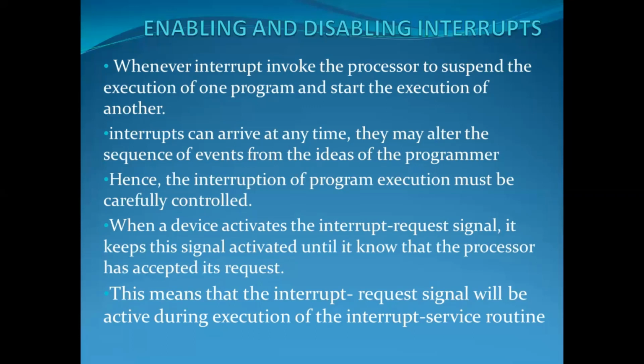The first possibility is to have the processor hardware ignore the interrupt request line until the execution of the first instruction of the interrupt service routine has been completed. Then, by using an interrupt disable instruction as the first instruction in the interrupt service routine, the programmer can ensure that no further interrupts will occur until an interrupt enable instruction is executed.